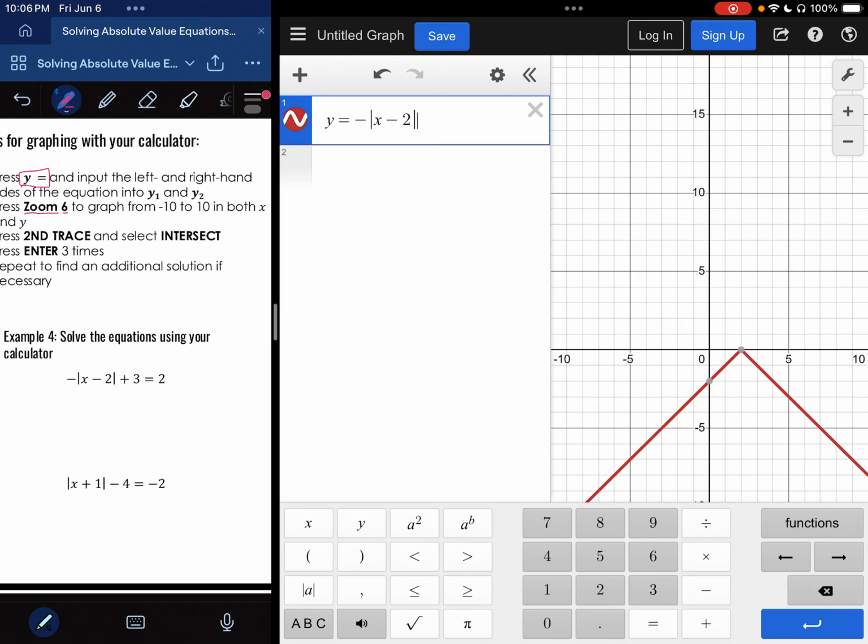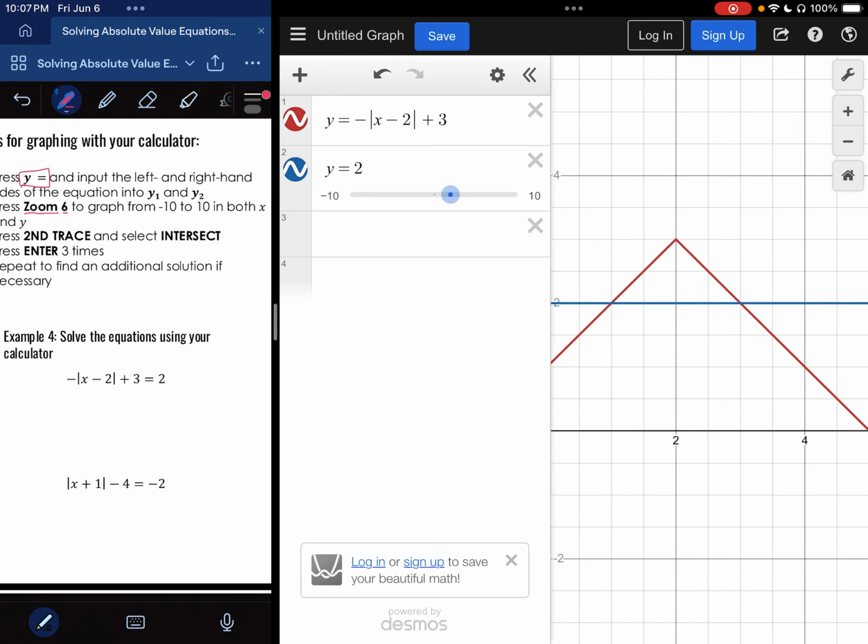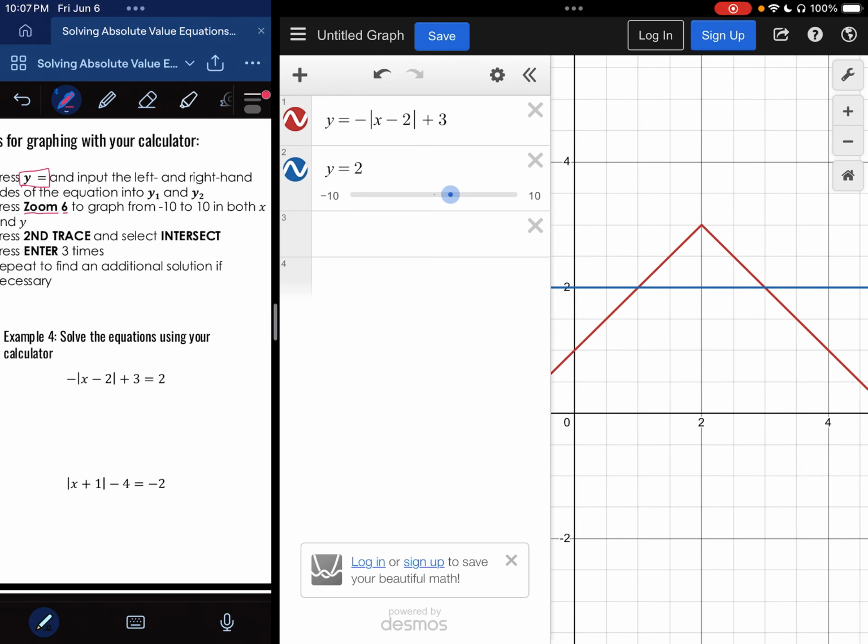So, anyhow, we're plugging in the left-hand side of this function. So we've got negative absolute value of x minus 2, plus 3, and over here, I'm going to type in y equals 2 in Desmos. And then Desmos color codes for us, which is just beautiful. It makes it easy to zoom, and I can even just click right there.